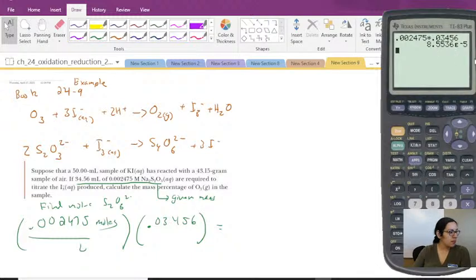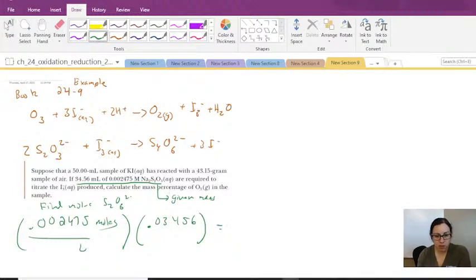So did we get this answer? So 8.55 times 10 to the negative 5th moles. I see some nods.